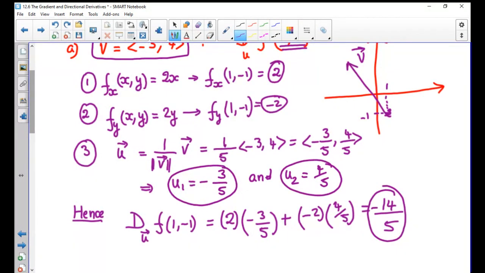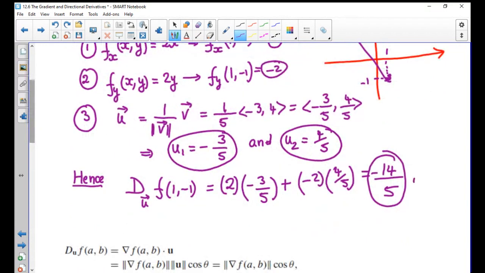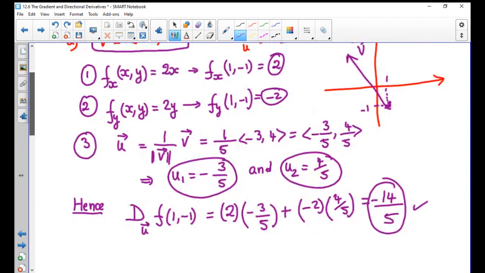So this is the derivative. What can you say then in the direction of this vector v? What's happening to the function as the point (x, y) moves in the direction of the vector v? It's decreasing. Very good. It's actually decreasing because its derivative is a negative number. So as we move in the direction of v, the values of the function will be decreasing.